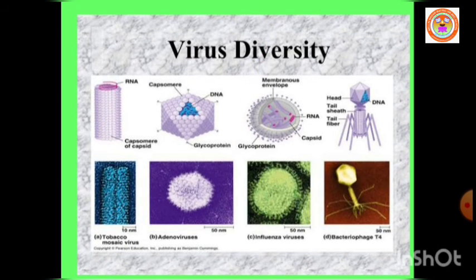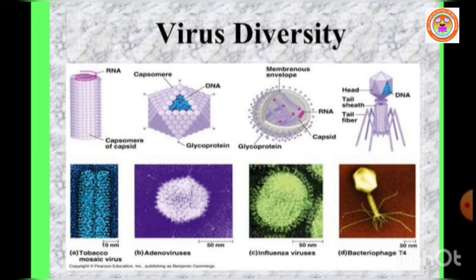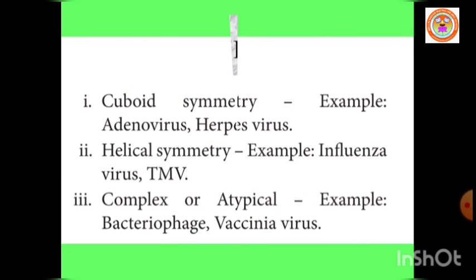Capsomeres are protein subunits. Cuboidal symmetry, examples: adenovirus and herpes virus. Helical symmetry: influenza virus. Complex or atypical: bacteriophage or vaccinia virus. These are the three different symmetries seen in viruses.